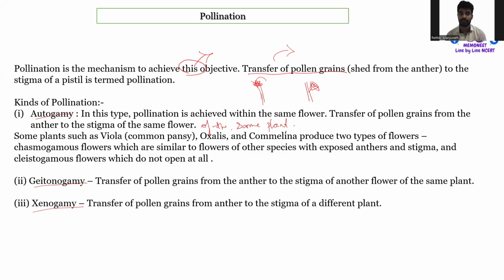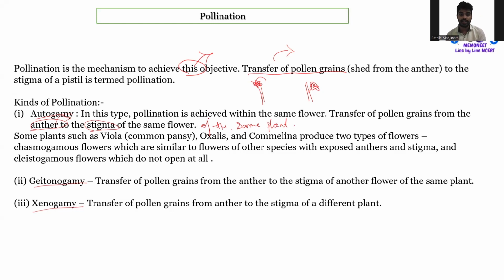If not, no. For example, if the anther is matured and the stigma is not matured, the anther is going to release the pollen grains, but the stigma is not mature enough to receive the pollen grains from the anther, so there is no use. In the same way, if the stigma is matured but the anther is not matured and is not releasing the pollen grains, again it is of no use. So in order for autogamy to happen, there has to be a synchronization of the anther as well as the stigma. Is this clear to you?